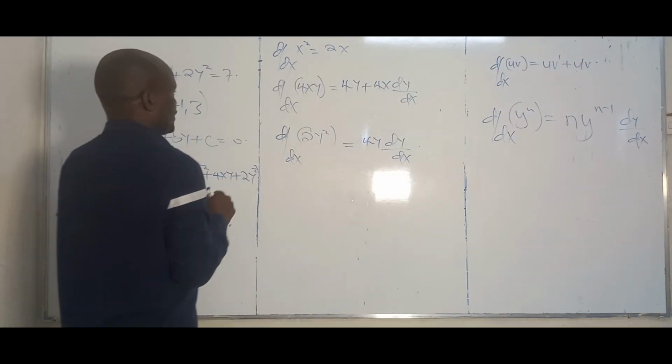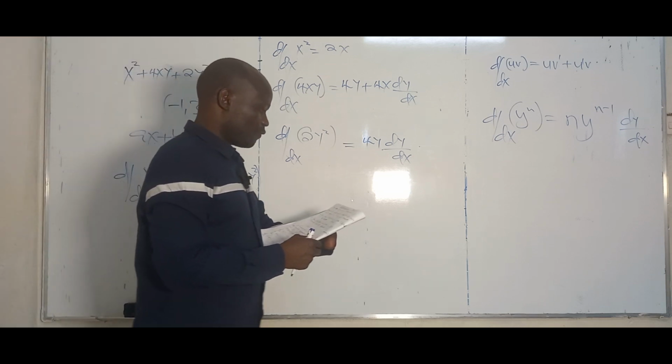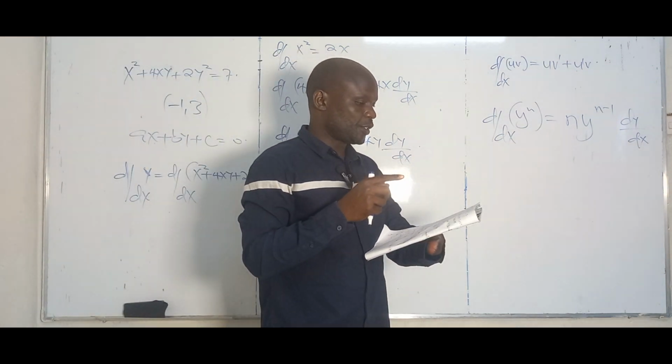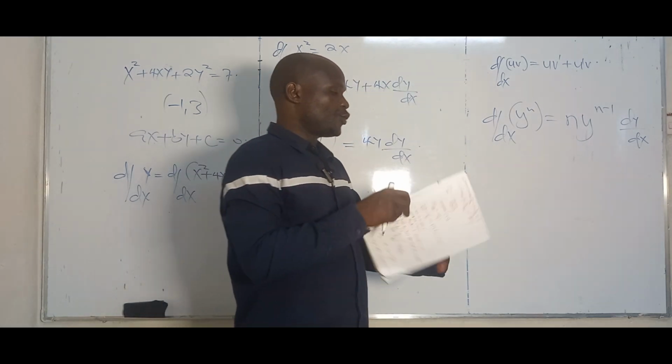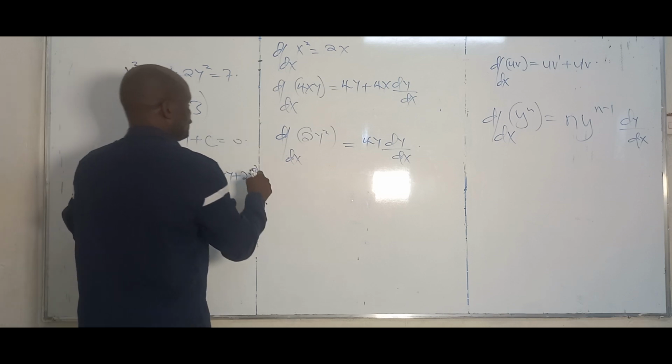So the next thing is now we equate. We are told to find the equation of the tangent to the curve at the point, so we need to equate the derivative to 0.